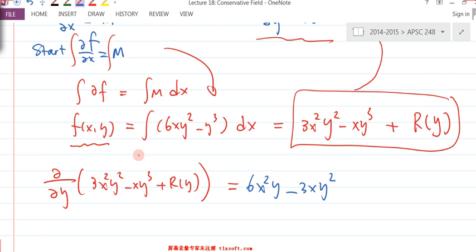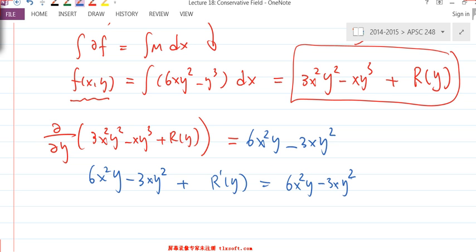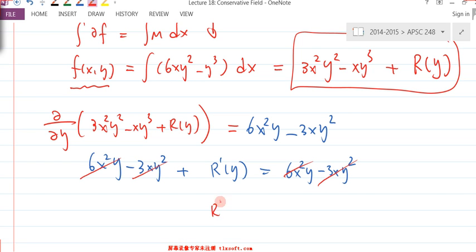So what's the partial derivative of this side? You get 6x squared y minus 3xy squared plus the derivative of r with respect to y. It's not a partial derivative, it's just a derivative. The other side is N. Comparing the two sides, that means r prime of y equals 0.